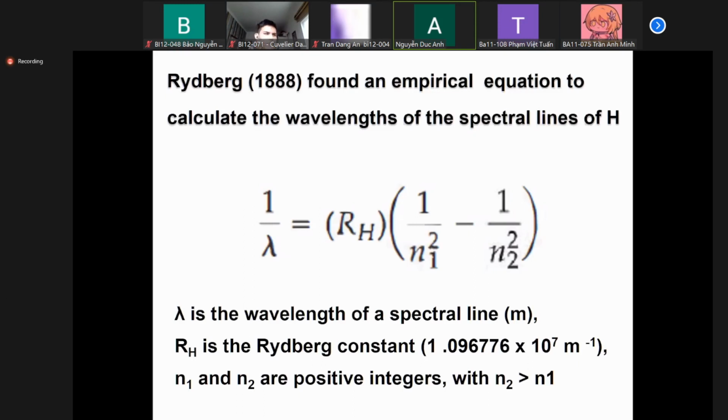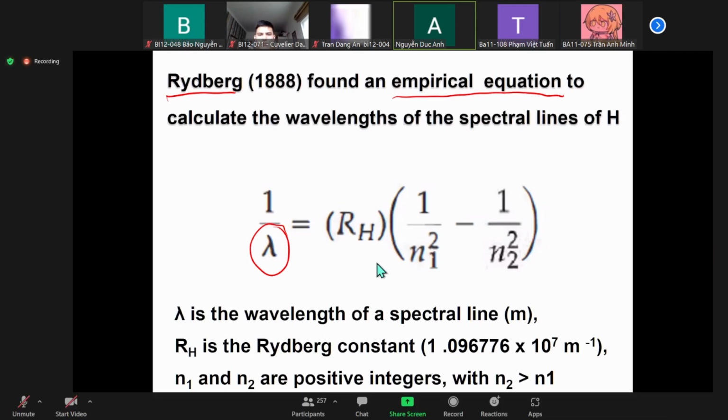Okay, and from the wavelengths of the emission lines, Professor Rydberg, very long time ago, found an empirical equation. So what is an empirical equation? An empirical equation is a summary or conclusion from experiments. So they don't have any theory behind. They come from experiments.